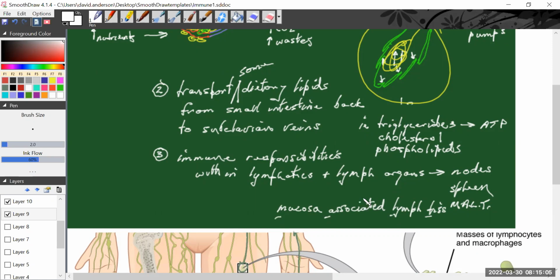This is mucosal tissue. Remember, mucosa was tissue that was going to be found lining entry points to the body, or if you want to think of it the other way, exit points from the body. But there's going to be a mucosa, double layer with a little bit of mucus associated with it. And these tissues are going to be high in lymphatic functions, immune functions.